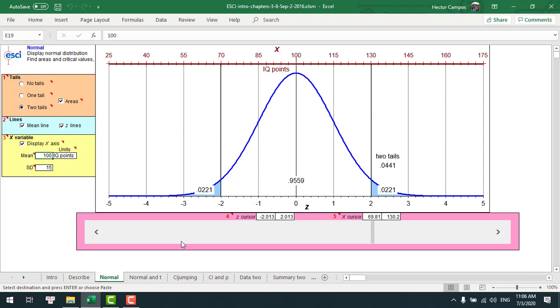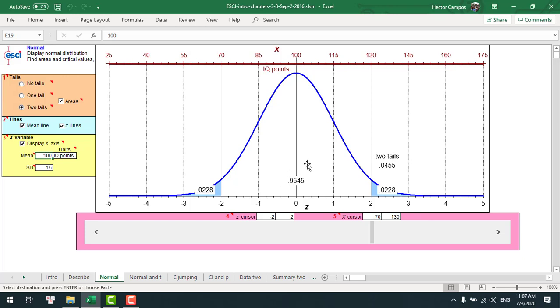Okay, 2 standard deviations. 213, 207, almost there, 205, still 205. Okay, 203. Okay, there we go.